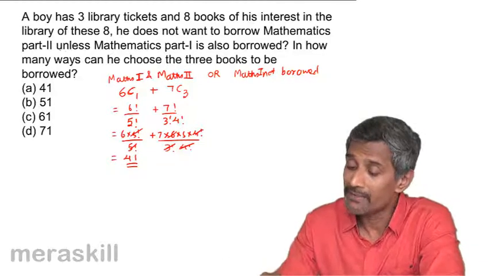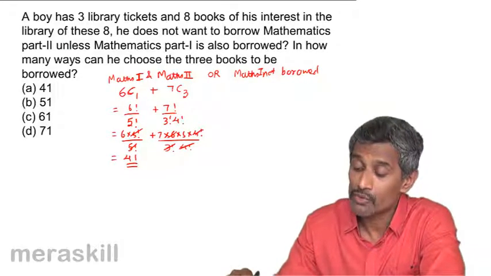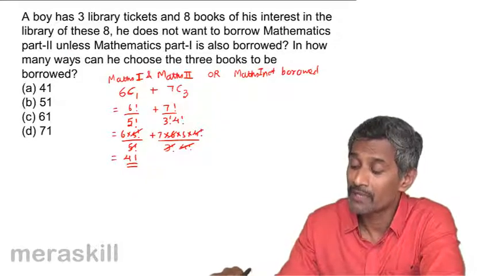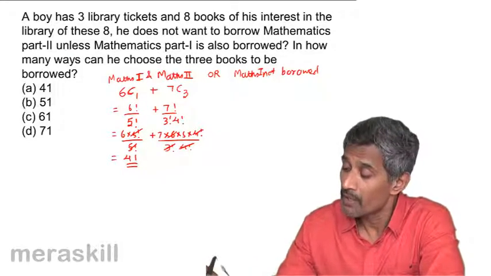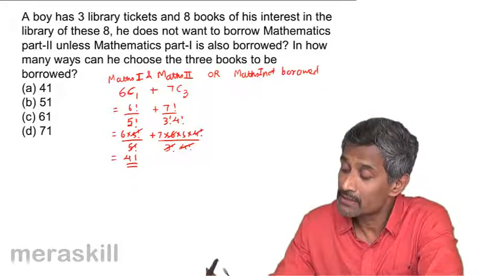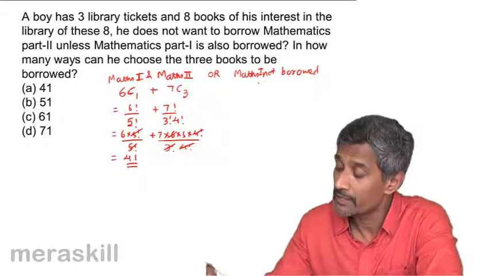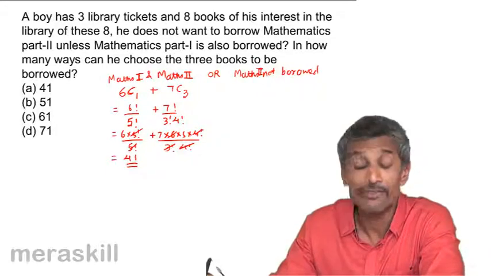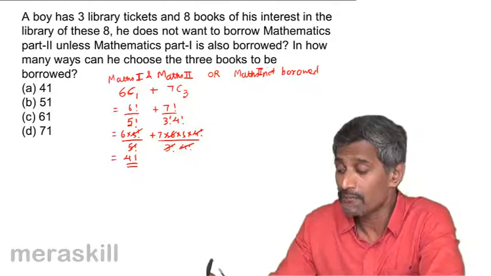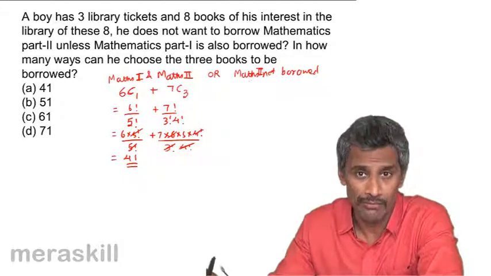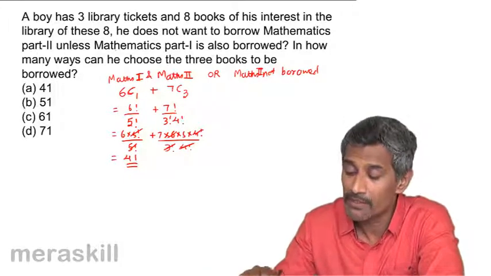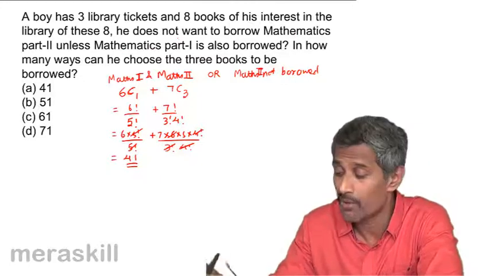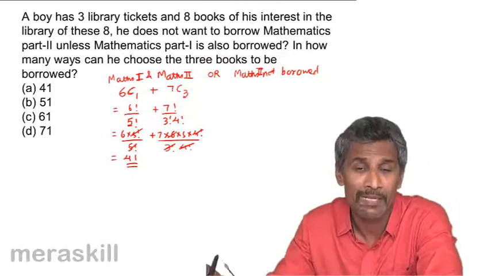It's told that whenever he borrows Mathematics Part 2, Mathematics 1 is borrowed. Along with Mathematics 2, there has to be Mathematics 1, but along with Mathematics 1, there need not be Mathematics 2.